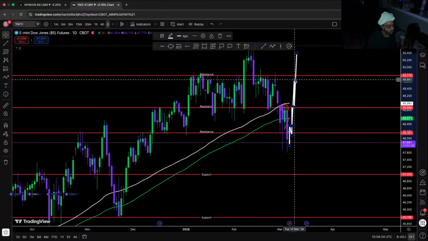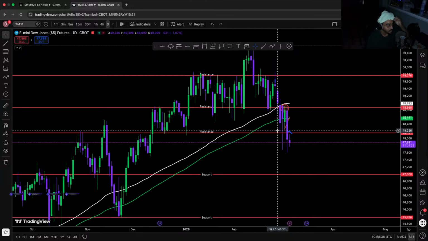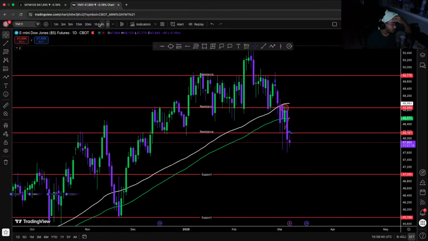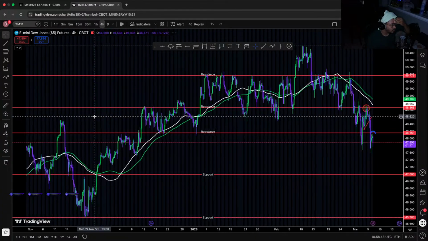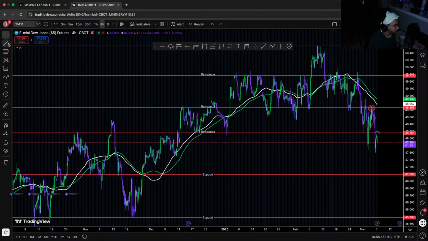Because our daily has a lot of volume. I do see us potentially, let's draw the H4 level of support and make it orange.